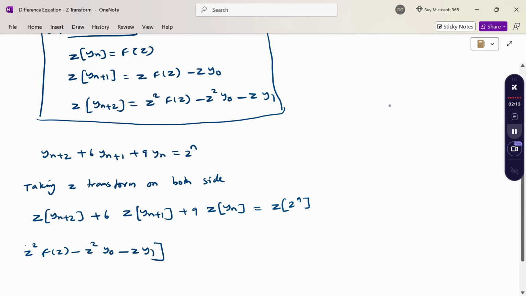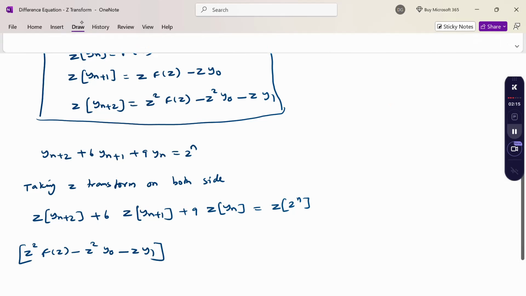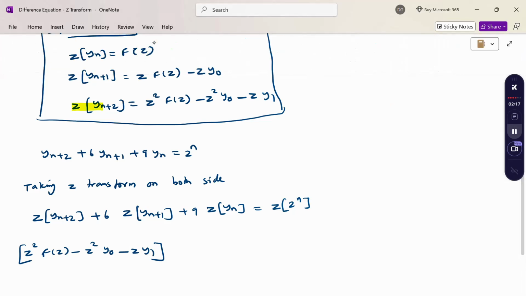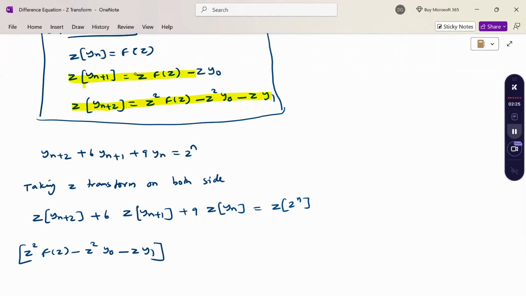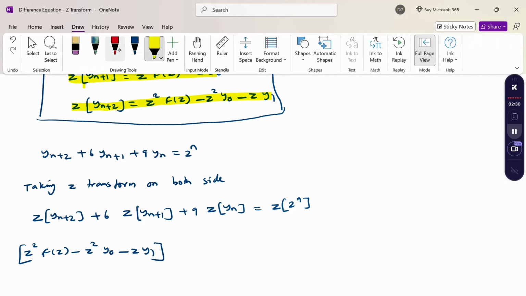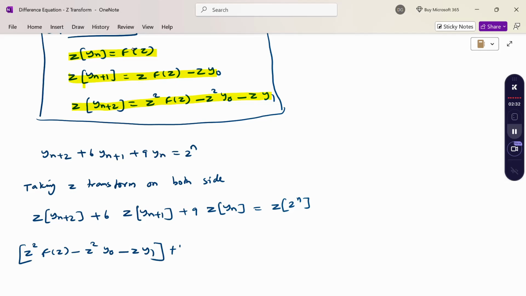In this equation I am using the y(n+2) form, and then y(n+1) to substitute this value, then the y(n) value. Therefore this term 6 times z F(z) minus z y(0), then plus 9 F(z).